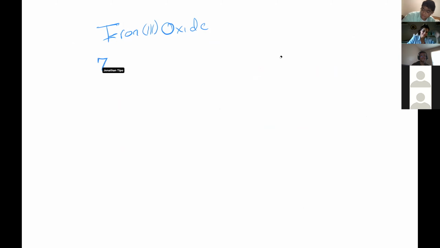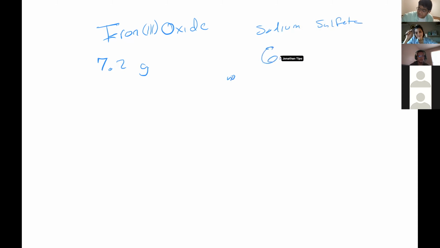If I got 7.2 grams of that, give me something else to react with iron oxide. Let's do sodium sulfate. All right, good suggestion. I got 6.2 grams of that. When we react that, what is our limiting reagent?